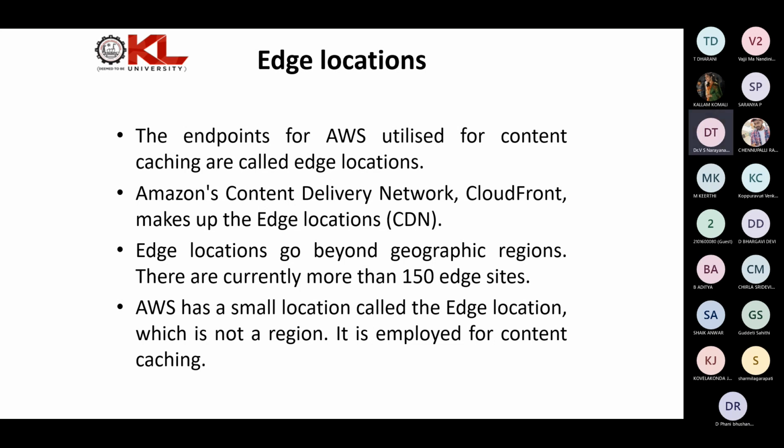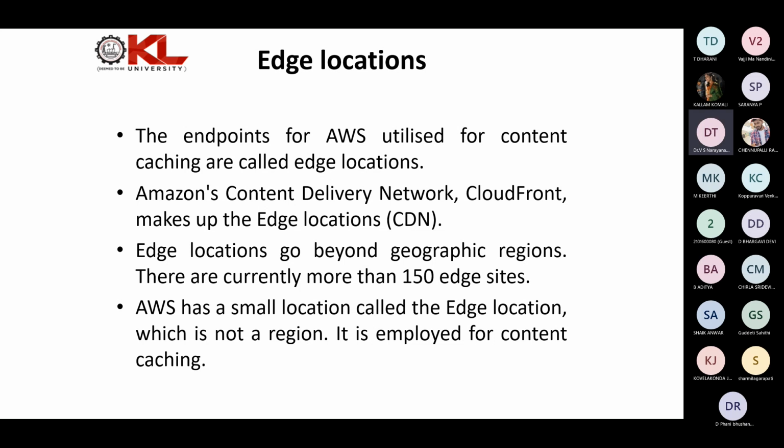Amazon's content delivery network, CloudFront, makes up an edge location, which we call a content delivery network, CDN. That is where the service is enhanced and provided. The edge locations go beyond the geographic regions.